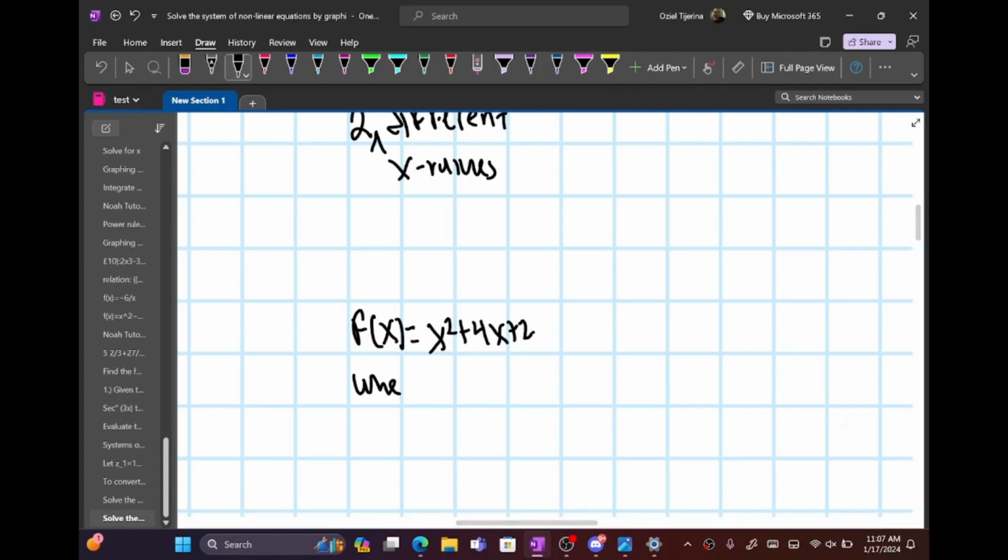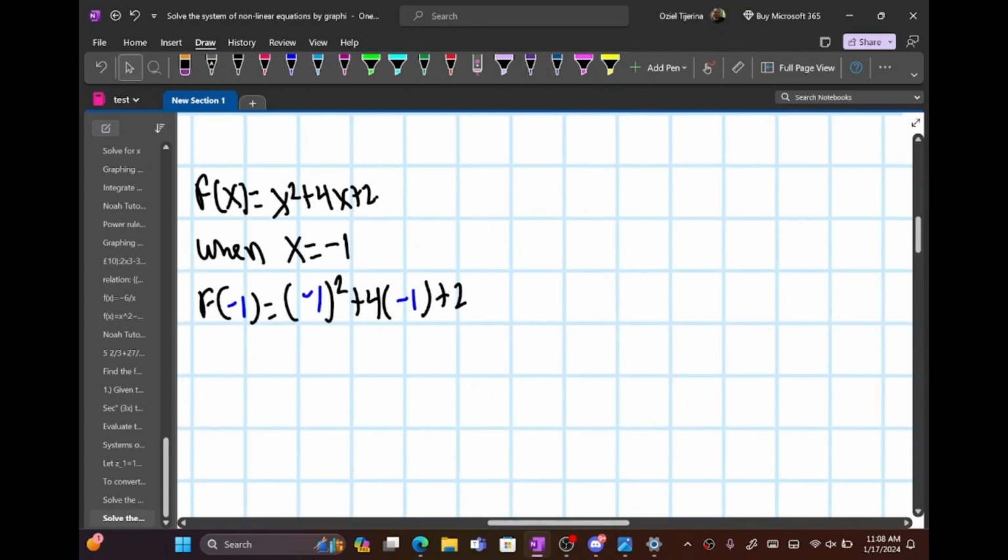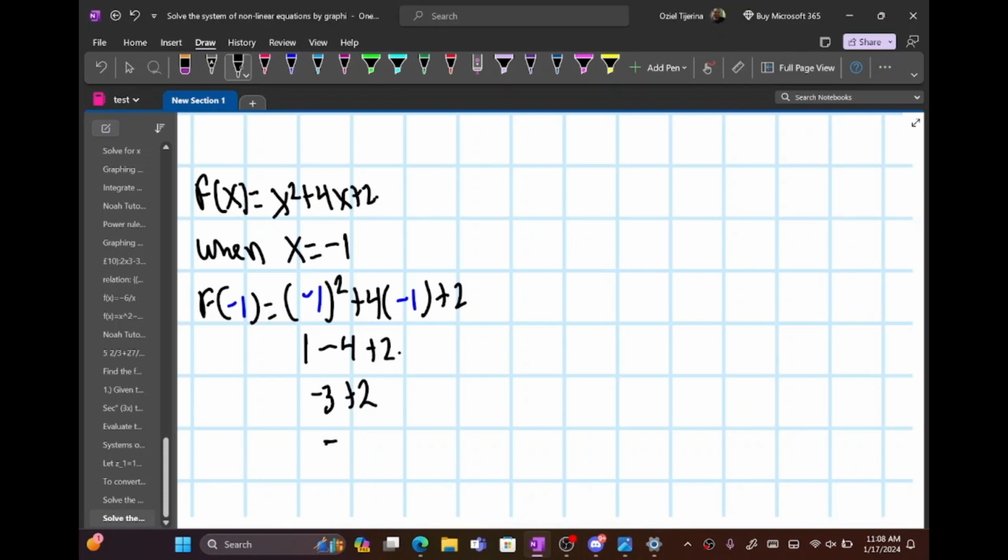So f of -1 will equal the quantity -1 quantity squared plus 4 times -1 plus 2, which is equal to 1 minus 4 plus 2, which is -3 plus 2, which equals -1.